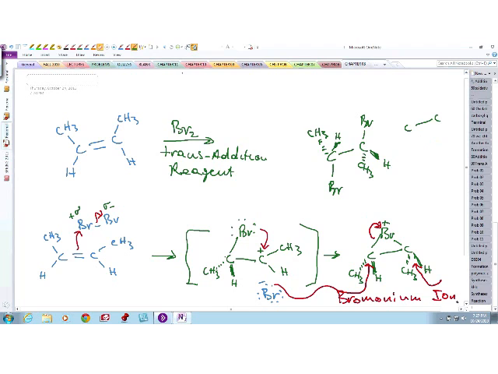Or this other product. If you come from here, let us say this is A attack and this is B attack. So this is B, it gives you that. If it is A, it will give you this one here. So you now have bromine here and this other bromine here.